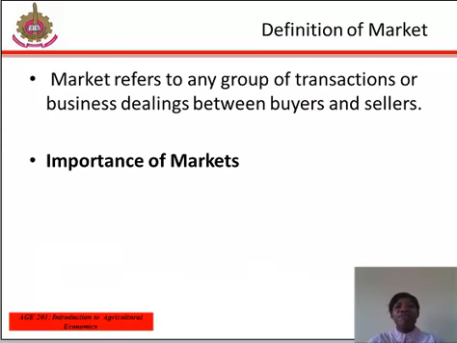Markets have different definitions, which include any group of transactions or business dealings between buyers and sellers. A market can also denote potential or estimated consumer demand.